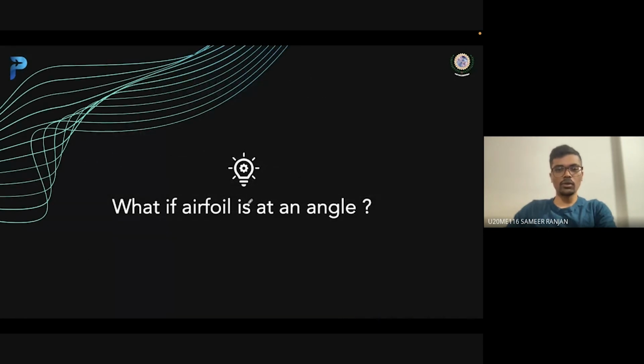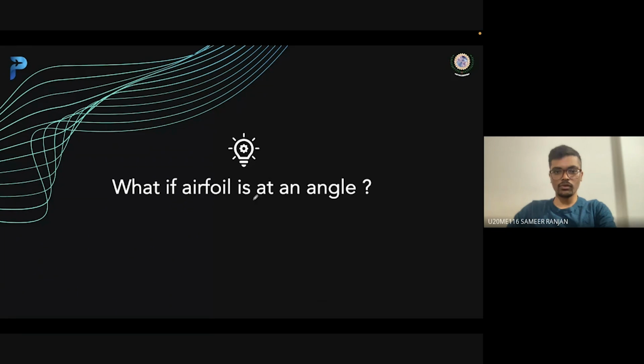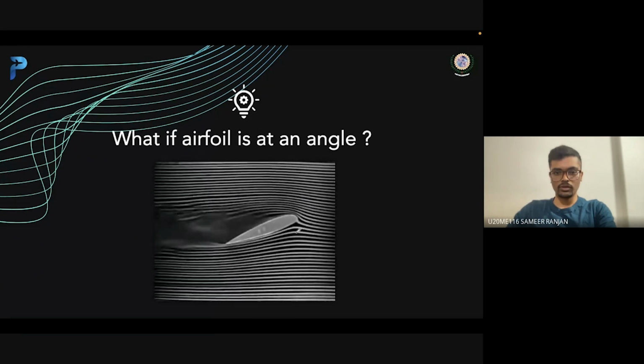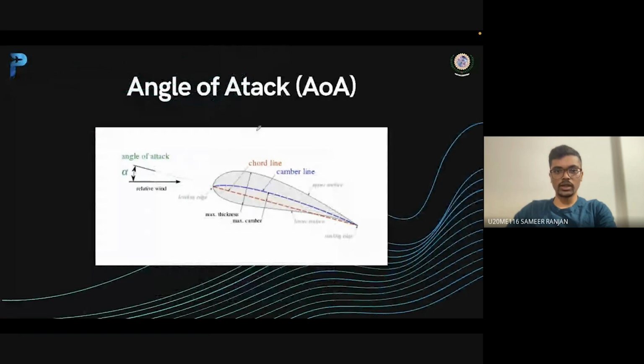Now one question arises: what if the airfoil is at an angle? How will it behave in any wind velocity? First of all, let's see what that angle is. The angle between the relative wind and the chord line is called the angle of attack.